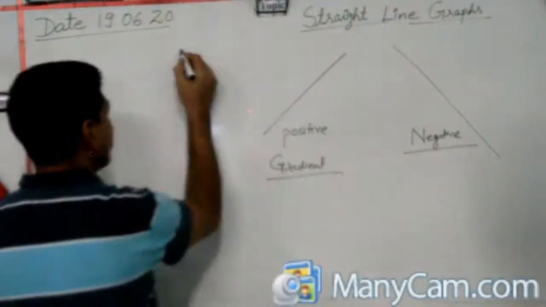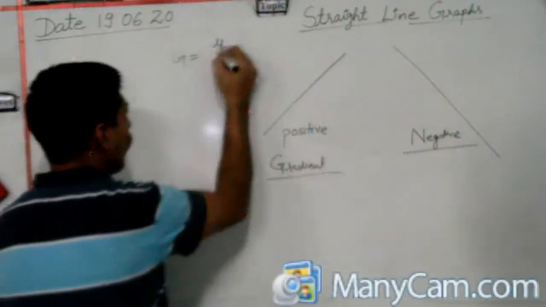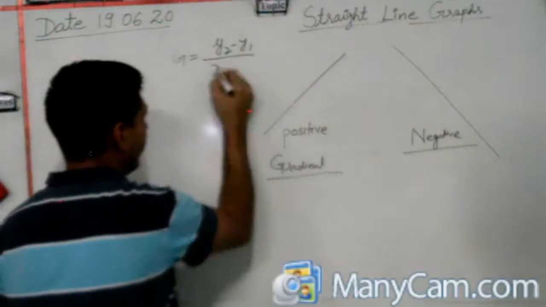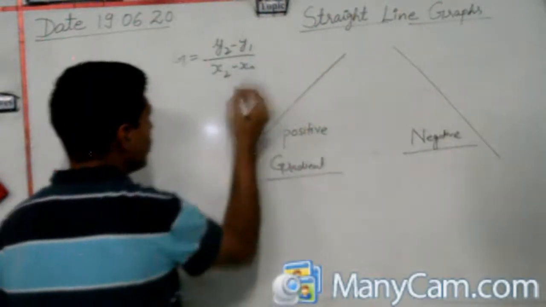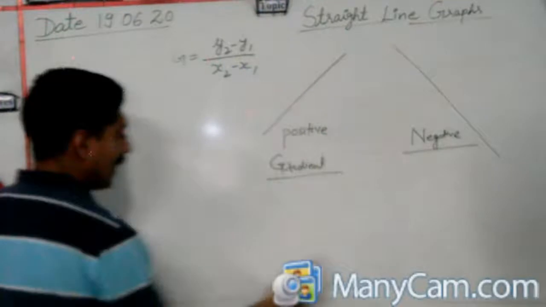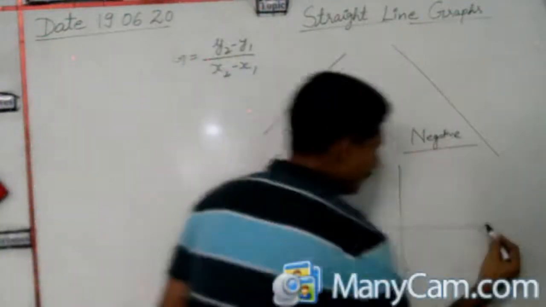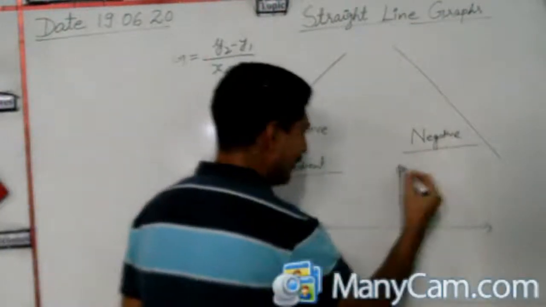As we have discussed, the gradient is y2 minus y1 on x2 minus x1. If we have a Cartesian plane, this is the x-axis and y-axis.